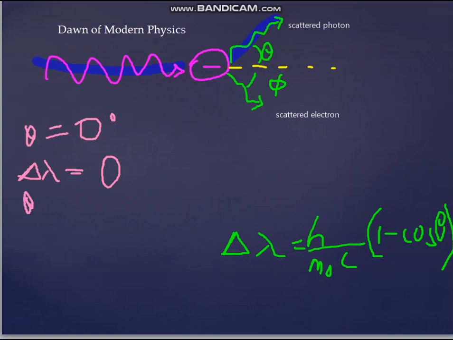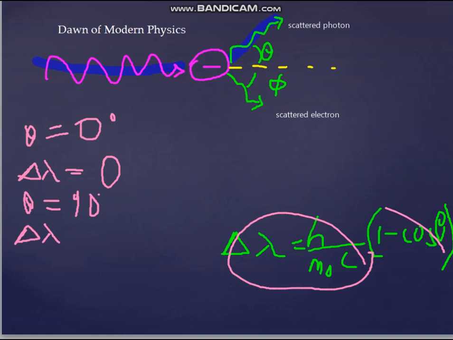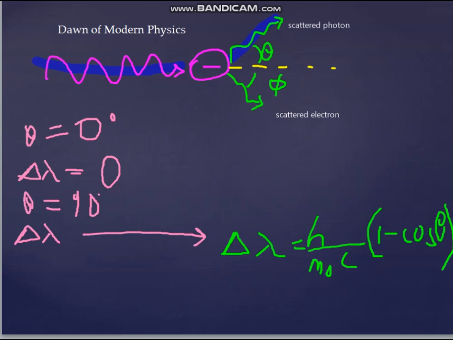So if theta equals 90, then delta lambda will be equal to this term, not this thing. We'll just remove the 1 minus cos theta. So delta lambda will be equal to this whole term right here, not the 1. The 1 is not counted.